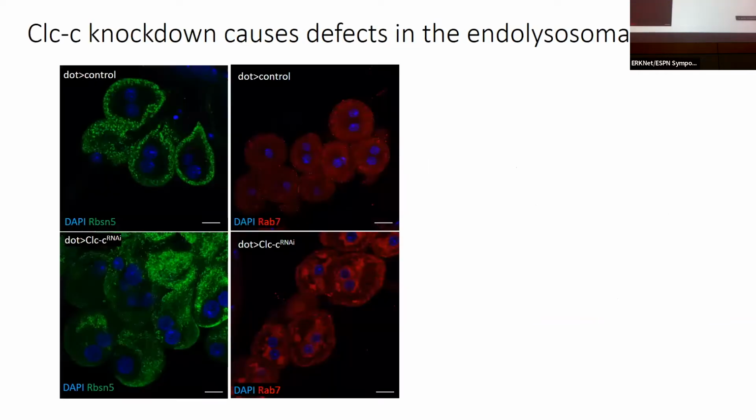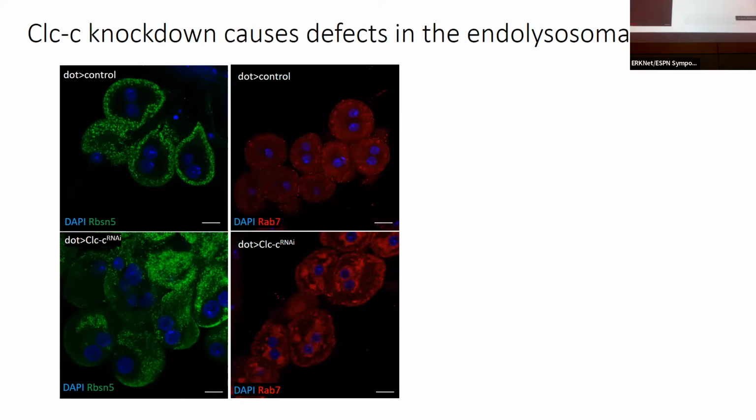We also looked at the endocytic or endolysosomal organization. Here is Rab5, which is an early endosomal marker, which is very cortical in these cells, and then there's Rab7, which you cannot see so well here, but in any case, the knockdown of CLCc really disturbs the organization of early endosomes, but also late endosomes.